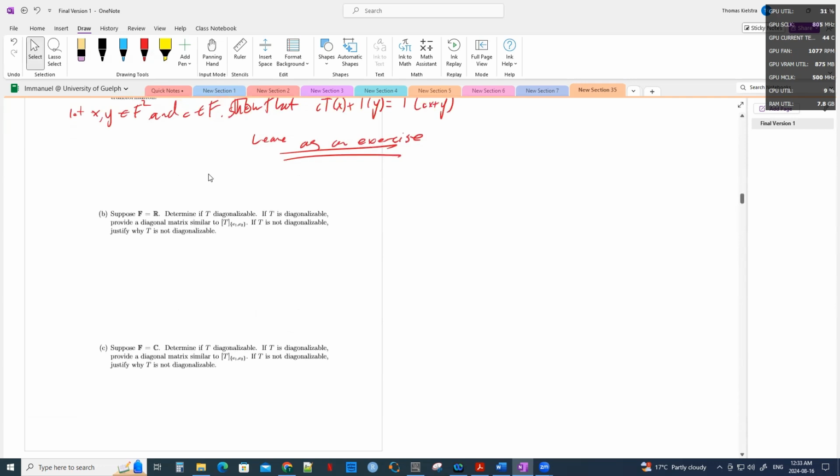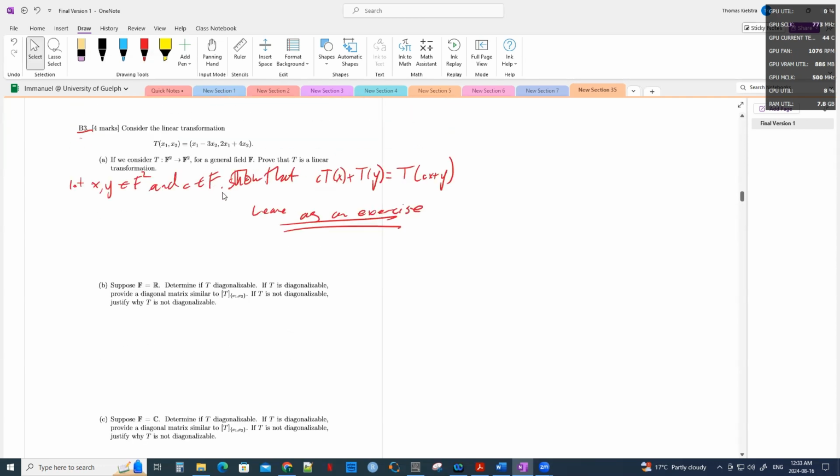Now, we're going to focus in on the diagonalizability and non-diagonalizability. If we look at this matrix representation, we can use it to determine the eigenvalues. So here we get 1, 2, -3, 4, and this is T represented using the standard basis, e1, e2.